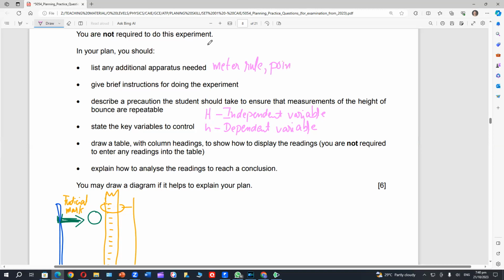Apparatus: meter rule, a pointer, a video camera. These are my additional operators. Now I will drop the ball from different heights and record the rebound height.